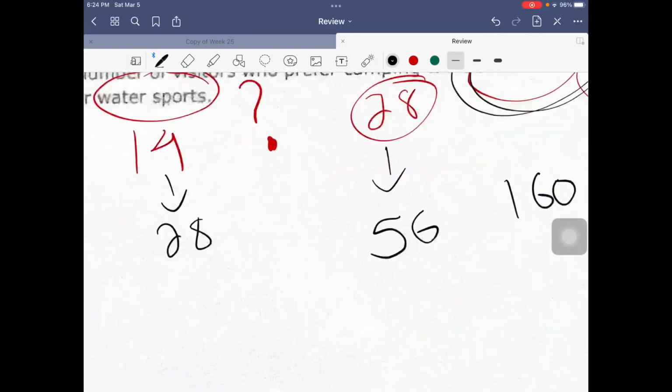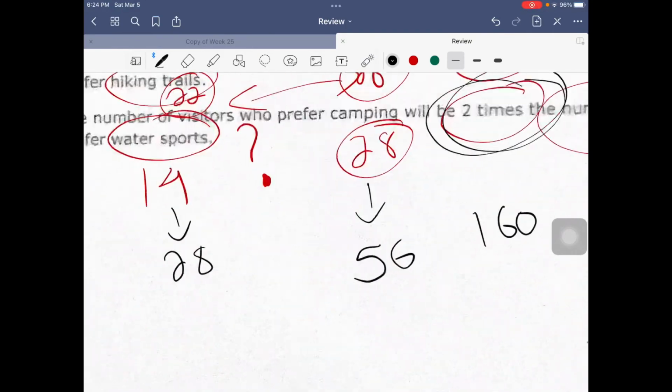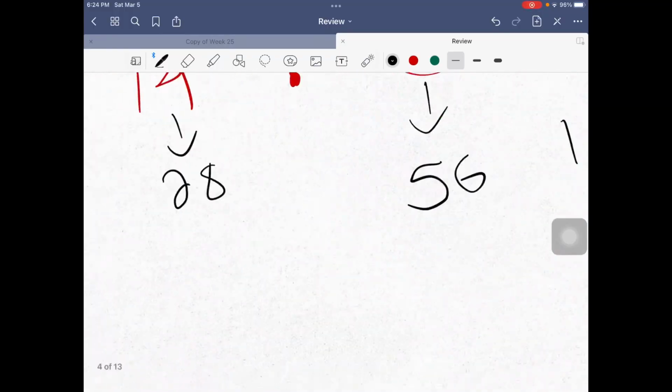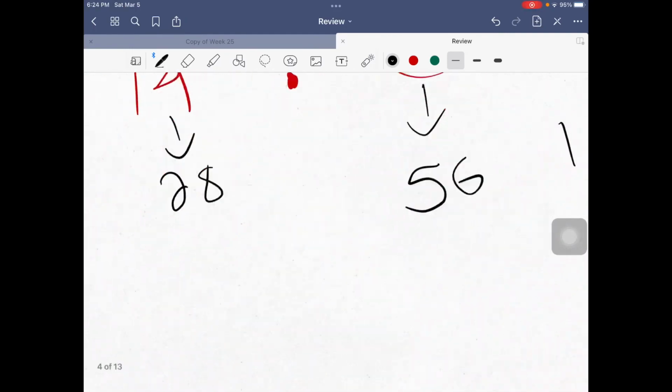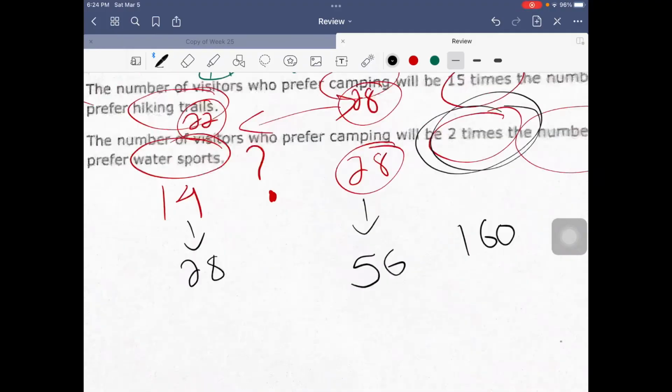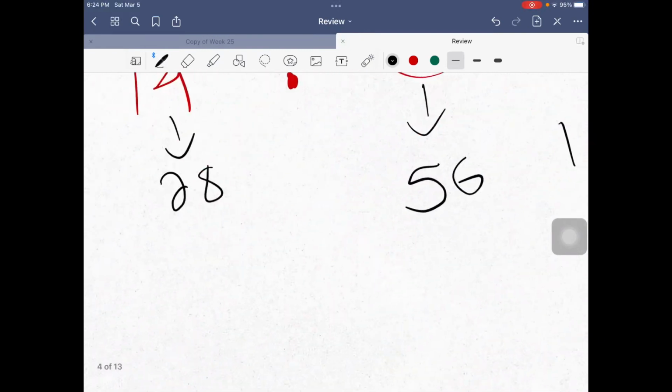Is 57 at least 2 times more than 28? Yes. Is 58 at least 2 times more than 28? Is 59? Is 60 double that? Yes, double and then a little bit more. But it is 2 times that easily.